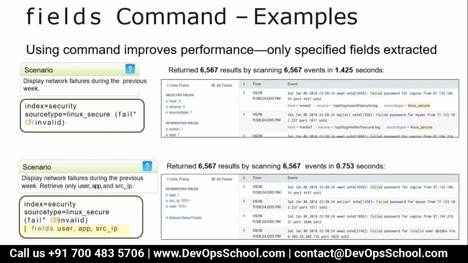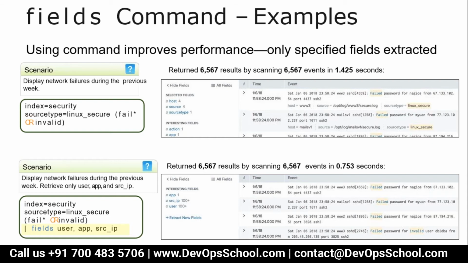So you did the piping, and then again you are saying search only in the fields called user, app, source IP, not all the fields. Remember, in interesting fields there were so many fields, but this time the search will be in the specific fields only. So here you see that the search time has been reduced drastically, almost 0.753.